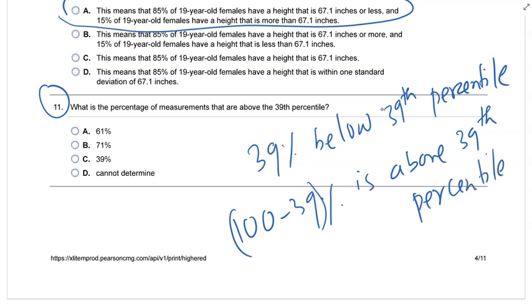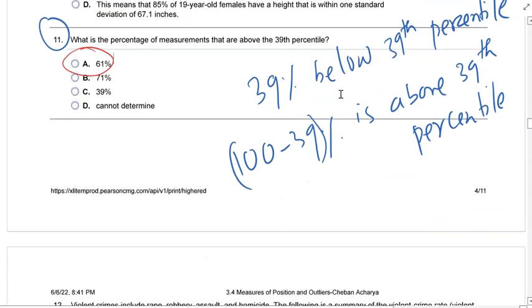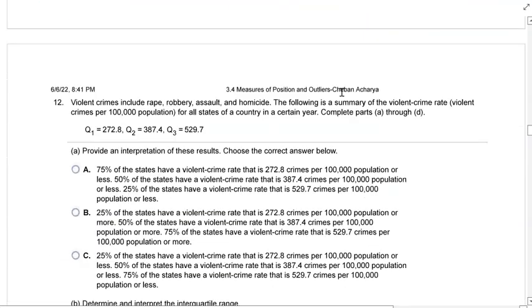And 100 minus 39 is 61%, so 61% is above the 39th percentile. Okay. Number 12.